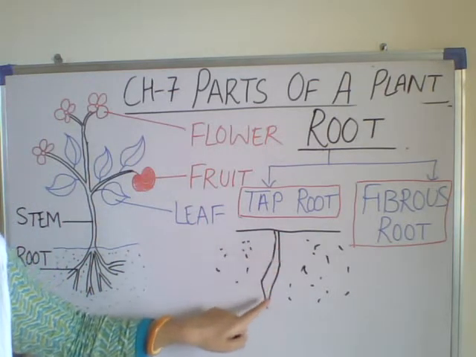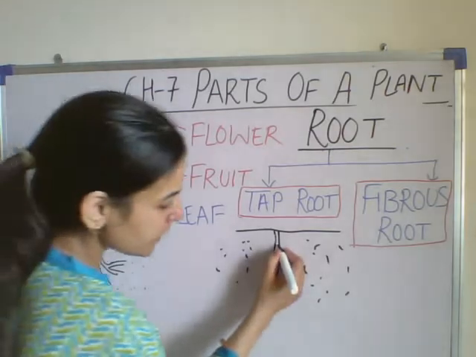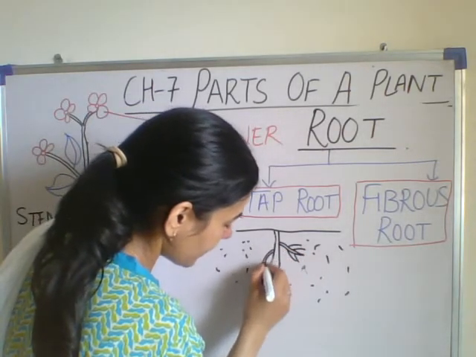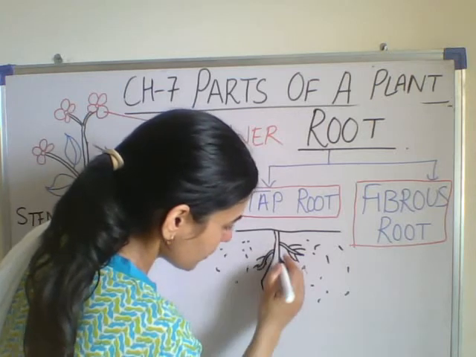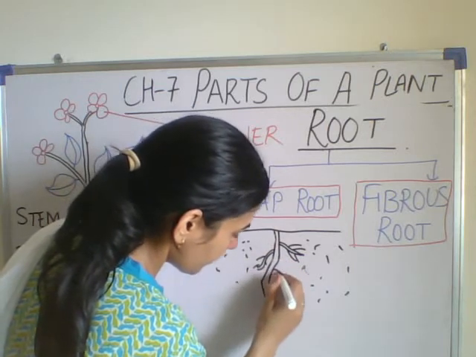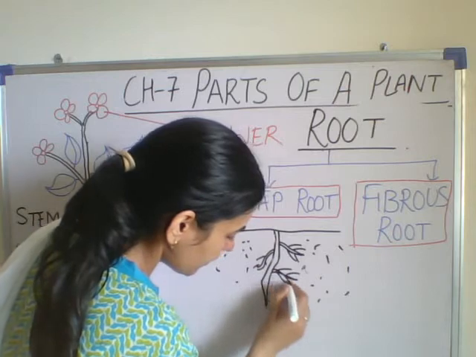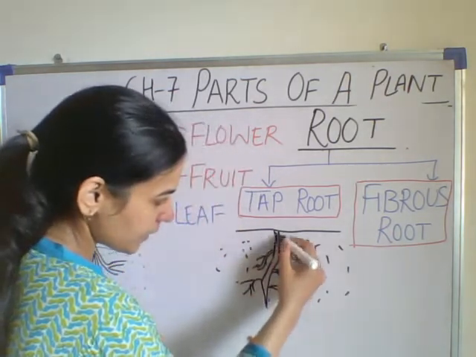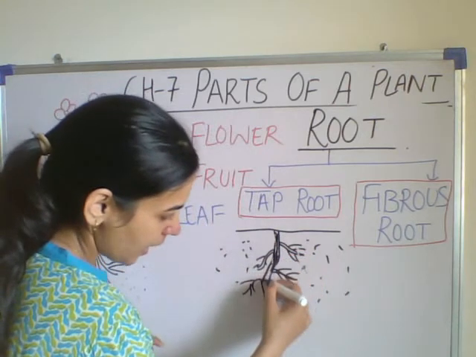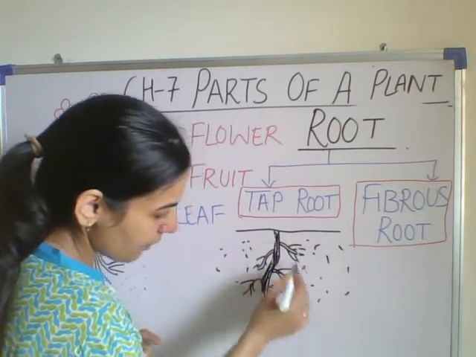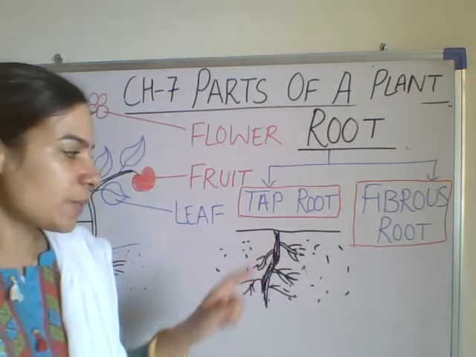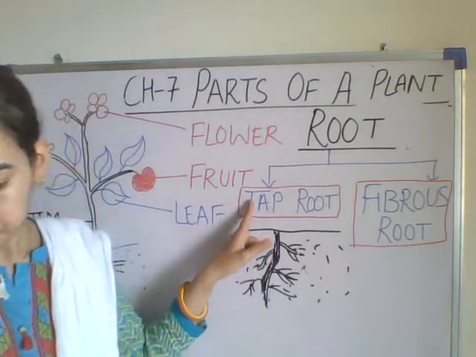From this main root many small roots arise. You can say many small branches of the root arise from the tap root. So this one is the tap root.